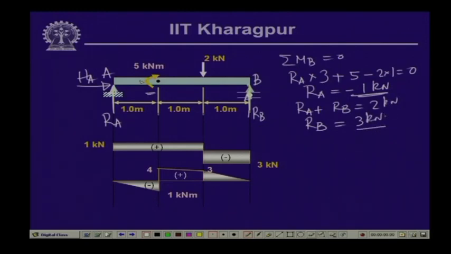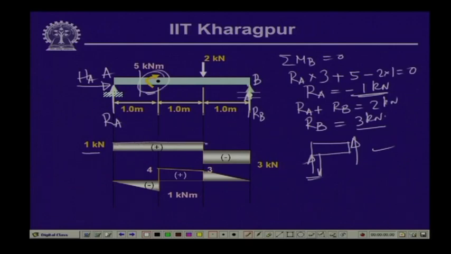Now, if you take a section over here, a segment which has a reactive force and no moments, the shear is equal to the reactive force, which is 1 kilonewton, and this being negative means it is in the opposite direction. So, this is a positive value of the shear, and as we have seen, the moment does not change the vertical force.